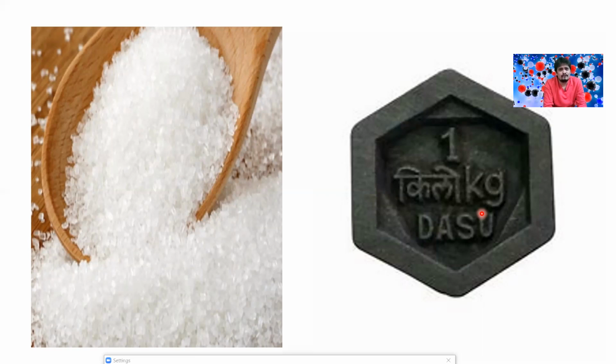So in order to weigh the 1 kg of sugar accurately, we have to make sure that our 1 kg bar is 1 kg weight, that is, its value is not less than 1 kg or more than 1 kg.